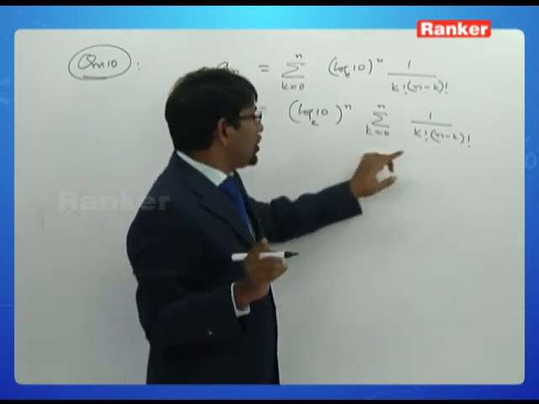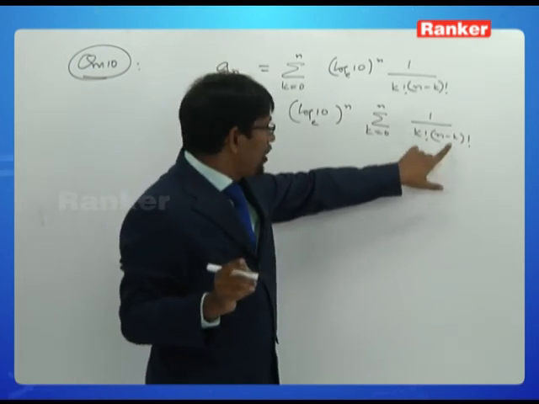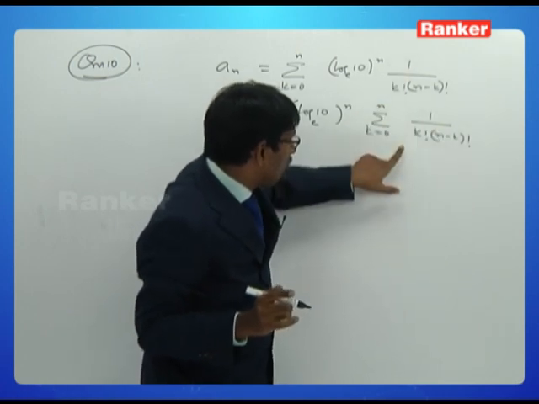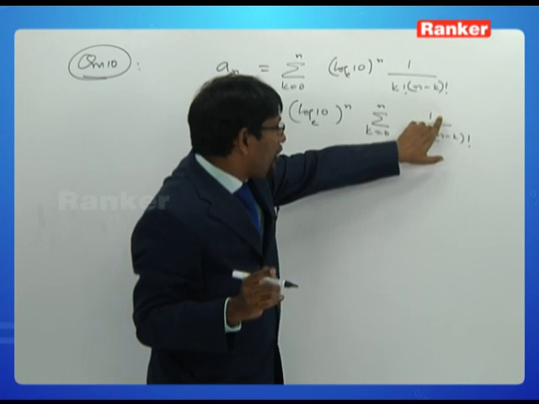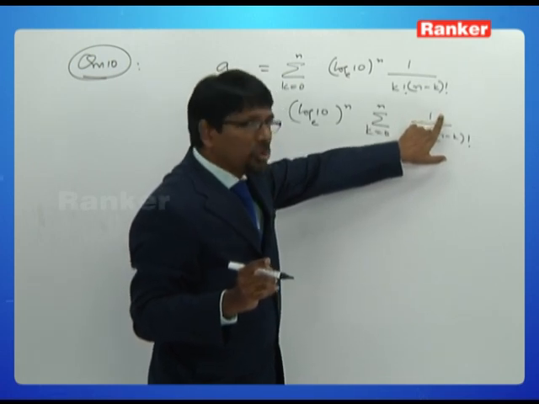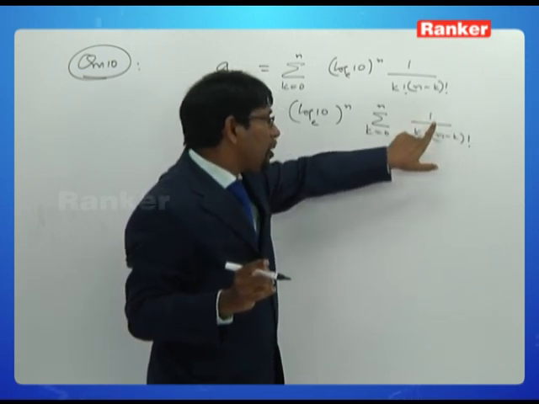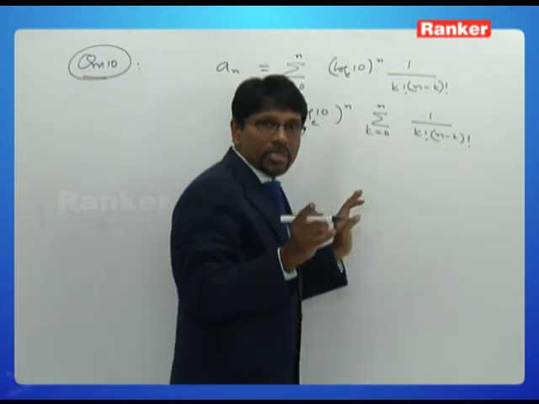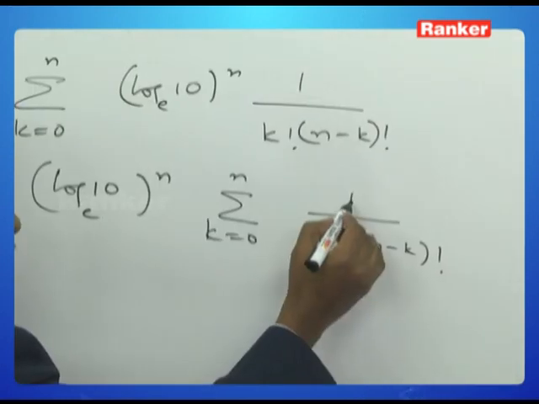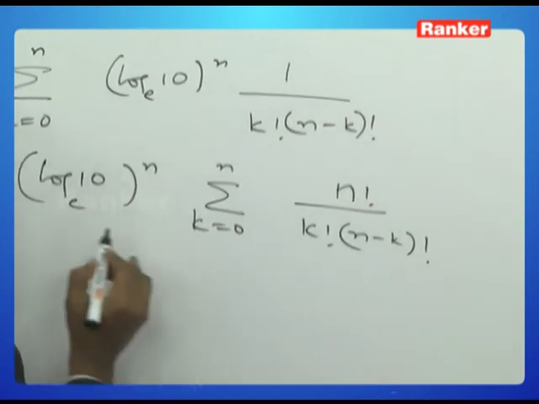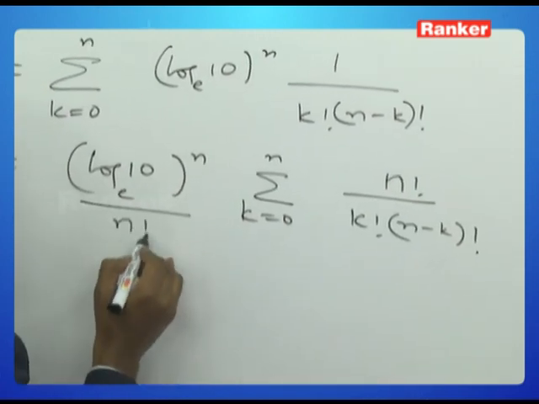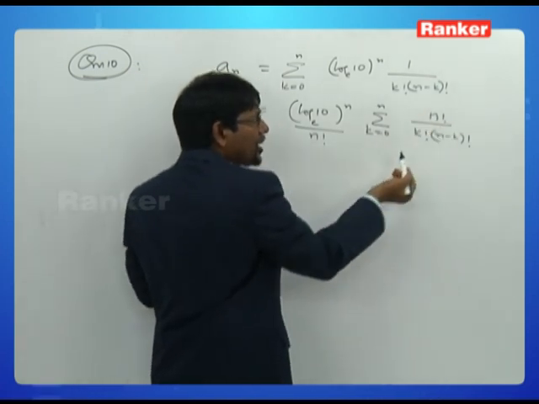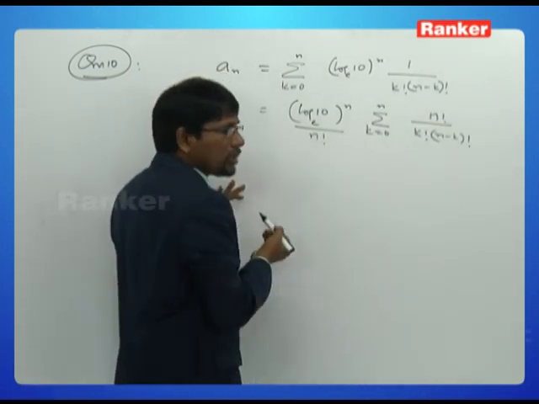Now, you observe that in this part, the summation in this, the general term, if we had n factorial in the numerator, it would have been n factorial by k factorial into n minus k factorial, and that would have been nck. So what I will do is, we will multiply and divide by n factorial. N factorial in the summation, that's commonly multiplying, so I will bring it out.